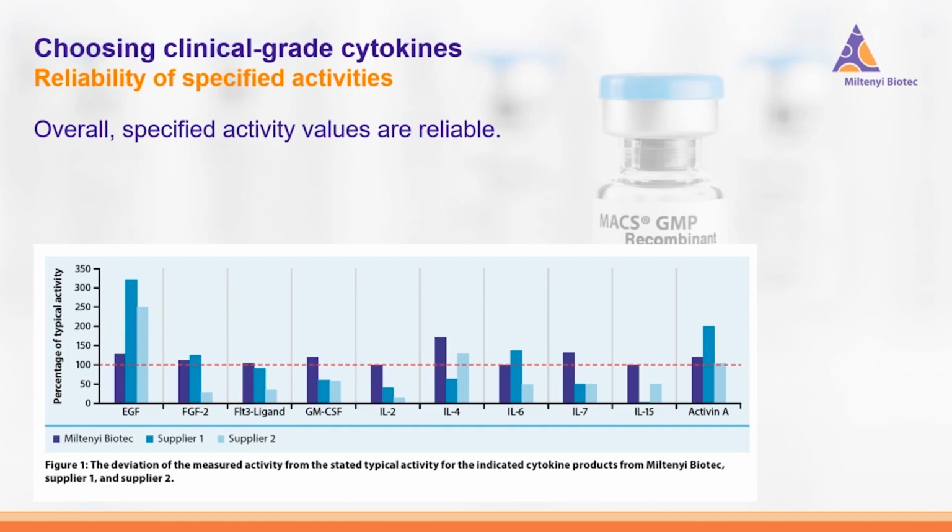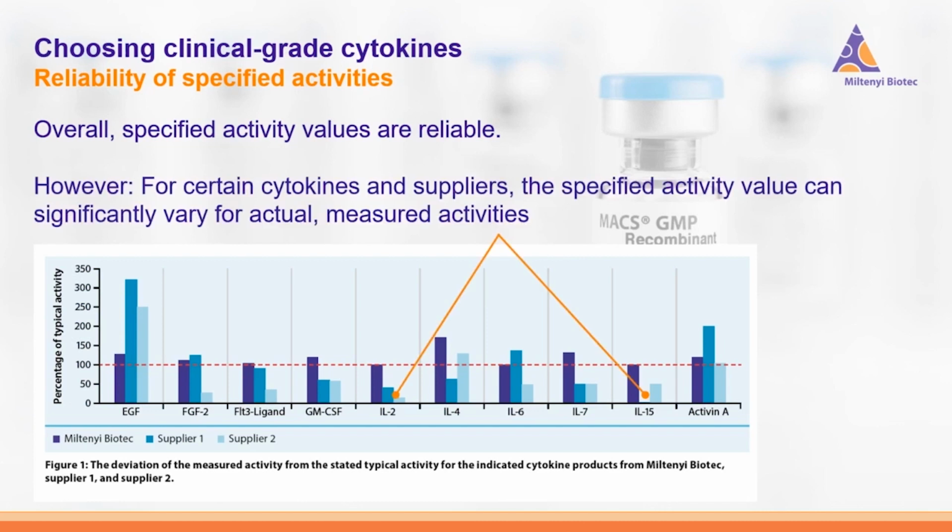Overall, the good news is that the specified values are often rather reliable. While you can see some deviation from the specified values, you have to remember that bioassays just show some variability, and therefore you have to allow for some wiggle room, meaning that most of the results are perfectly okay.